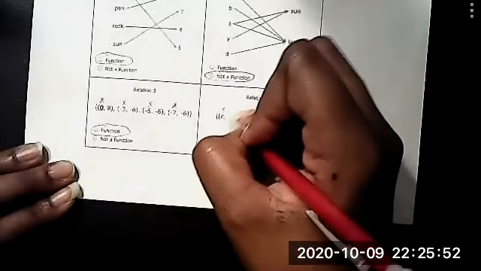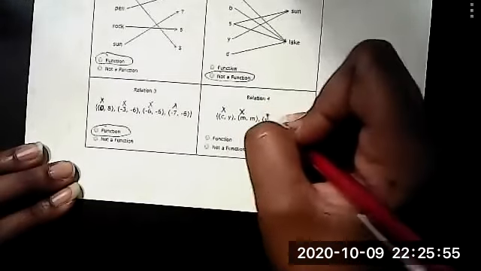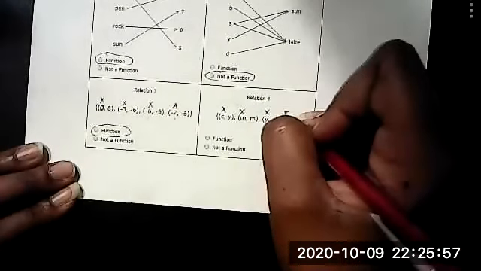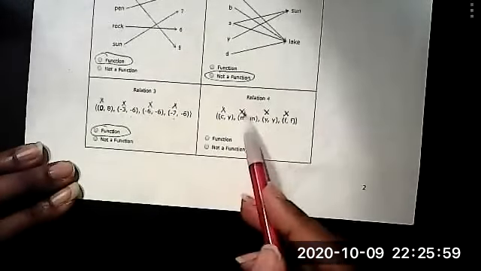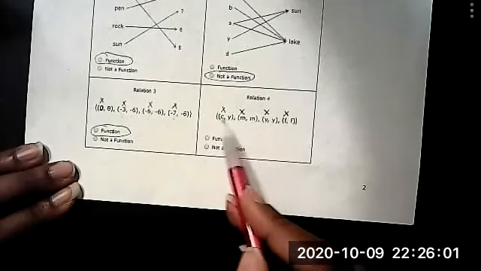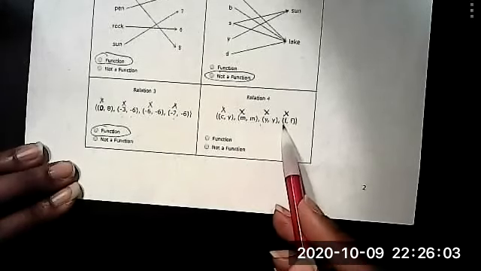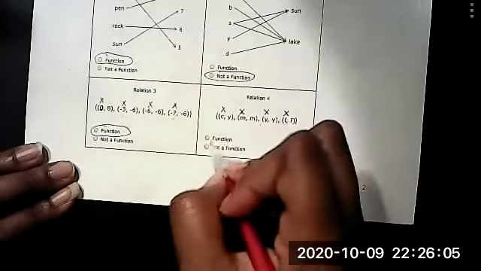In this one, C, M, Y, F, all of these are different letters, so this is a function, okay? So if the X repeats, usually it's not a function, we have to look at it. And they're probably going to throw you some slick ones in here. I can feel it. All right.